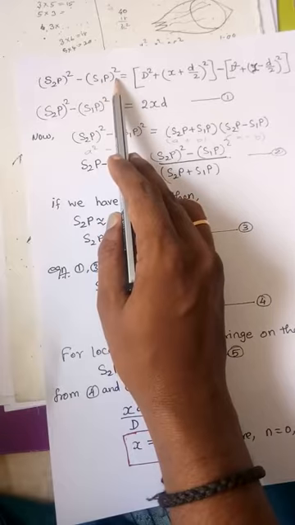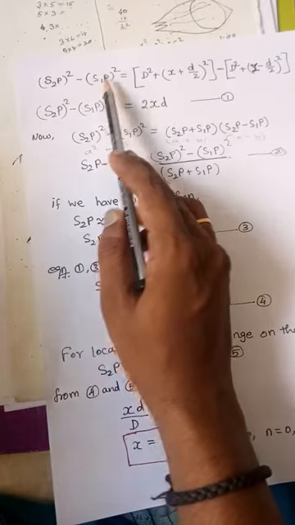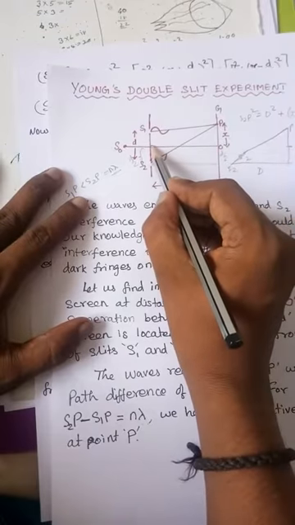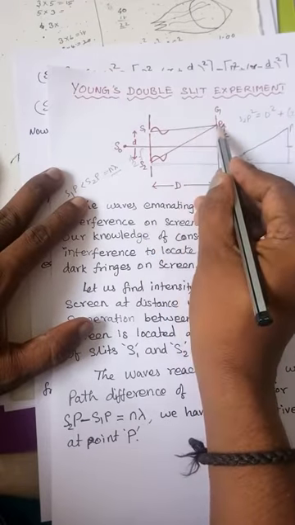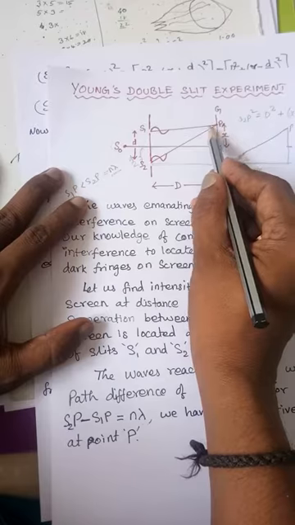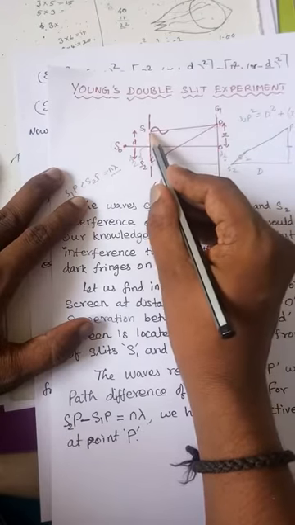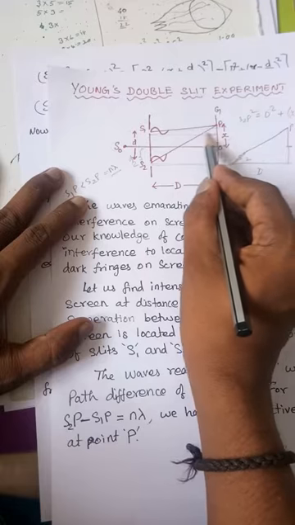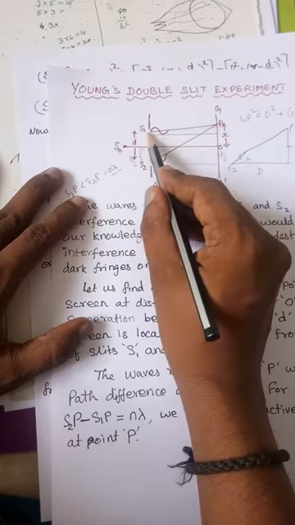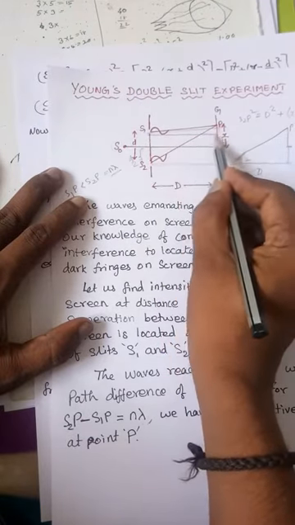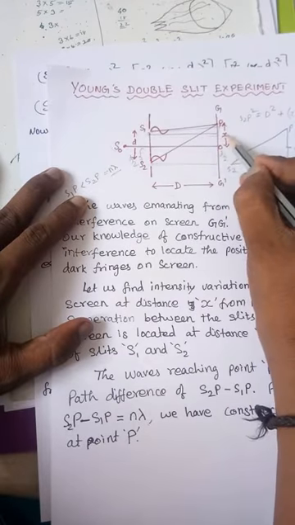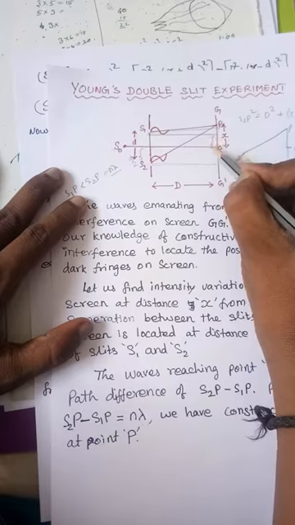Now S1P square. To find S1P square, see the same diagram. From here, S1P. In this triangle, already 0 to P is x, and this amount of value is decreasing.